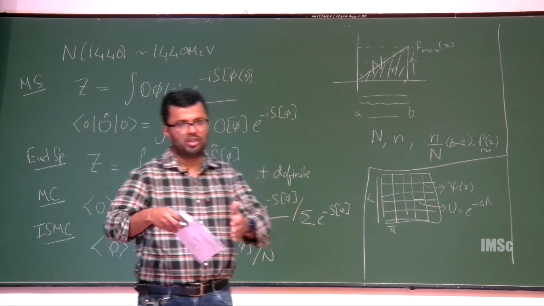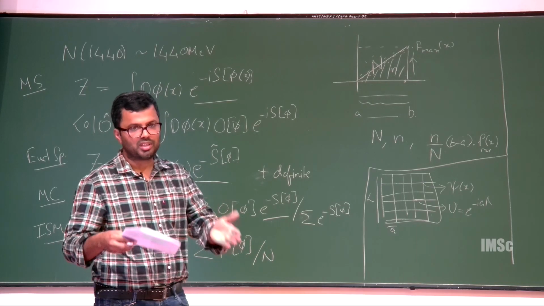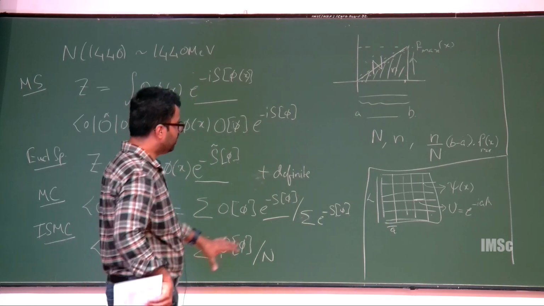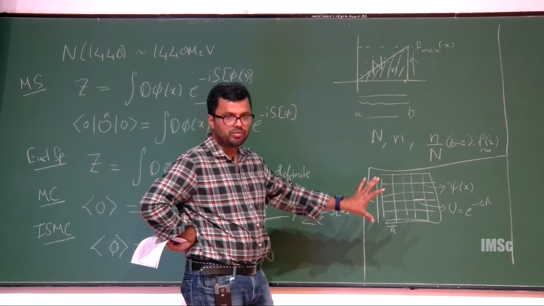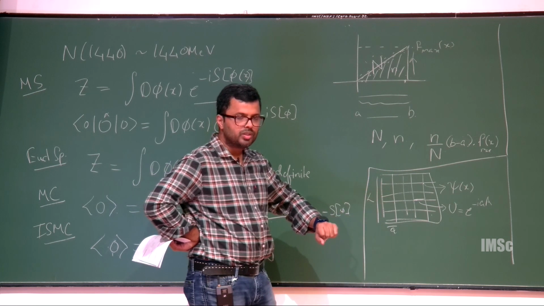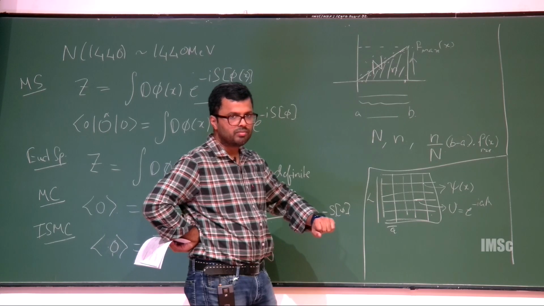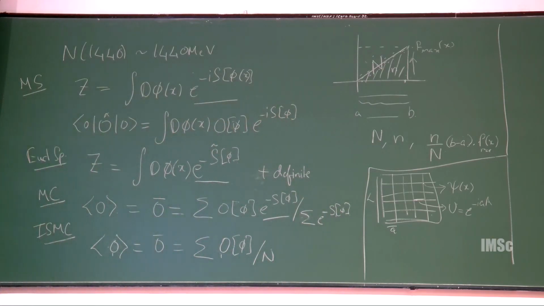If you have infinite volume, that means there are an infinite number of points, and you are doing computations. You cannot fit that into your computer, right? So you have to put in a finite volume, and that gives you some infrared cutoff. Finiteness of the volume gives you an infrared cutoff.